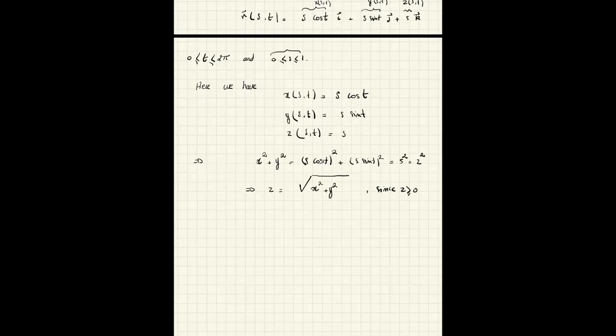Okay, so can you remember what is this surface? You have seen this a couple of times when computing double integrals and triple integrals. That's a cone, right? That's the cone.